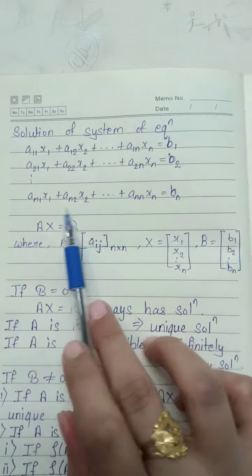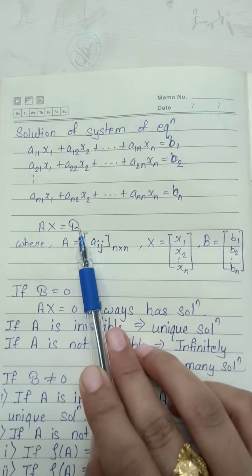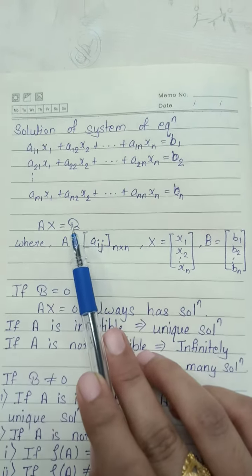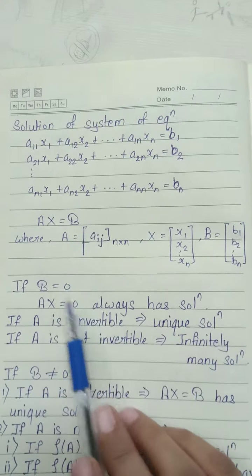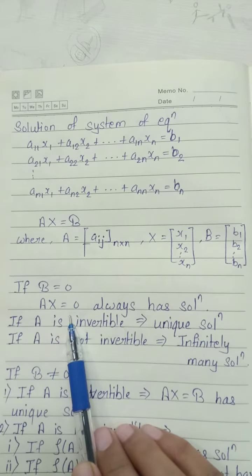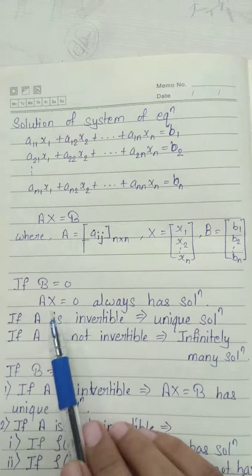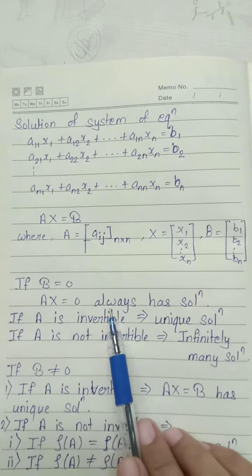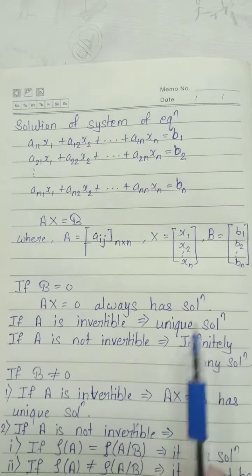Now if we are talking about the solution of this system of equations, it depends upon whatever our b is. If our b is 0, that means we have a homogeneous system of equations, and a homogeneous system always has a solution.